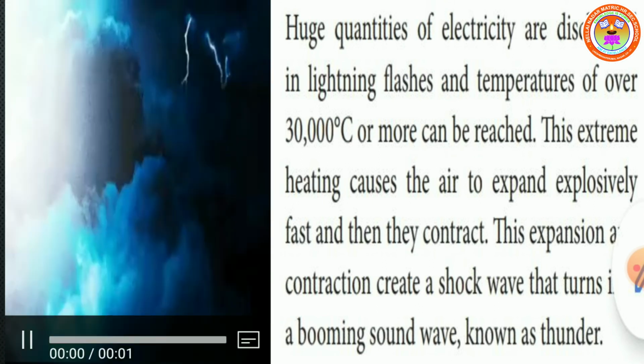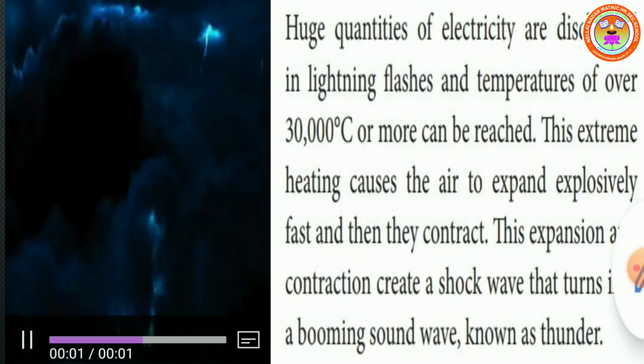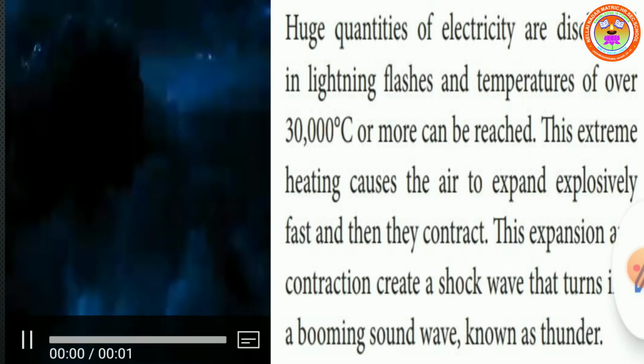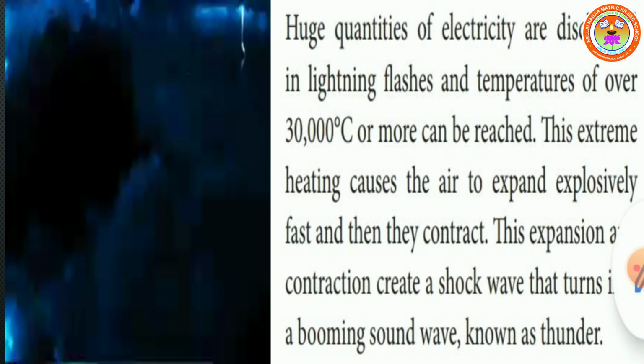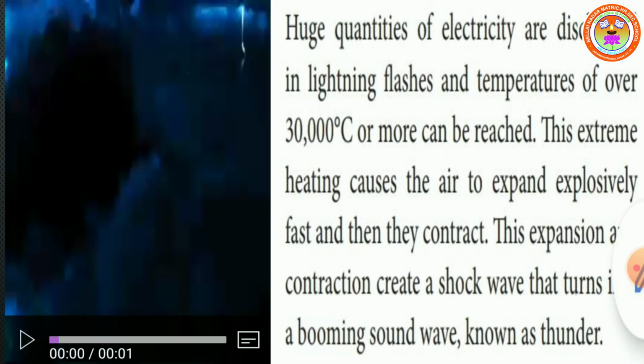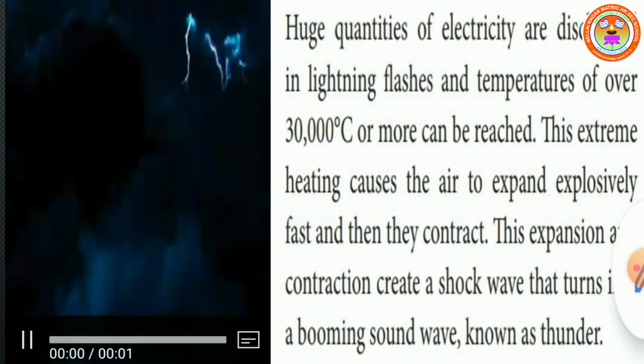This expansion and contraction creates a shock wave that turns into a booming sound wave that is called, yes children, thunder. So before rain we see lightning and hear thunder.